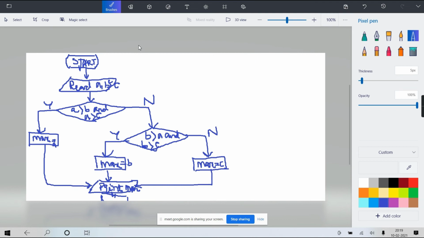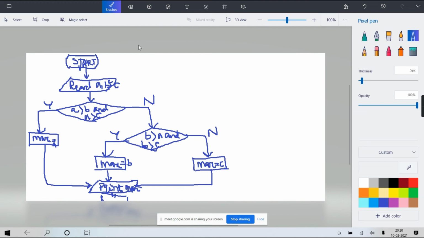When the second decision comes, no, directly you can say print C and then stop. So you remove the third decision box, because it is obvious now: when A is not greater than both, B is not greater than both, who is maximum? C only. So when it is no in the second decision, directly print C and then come to stop.